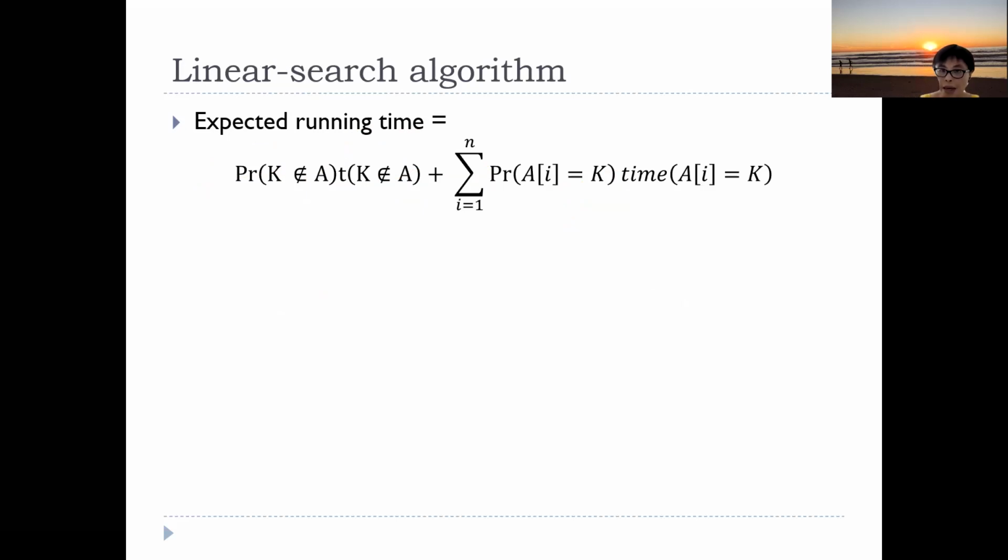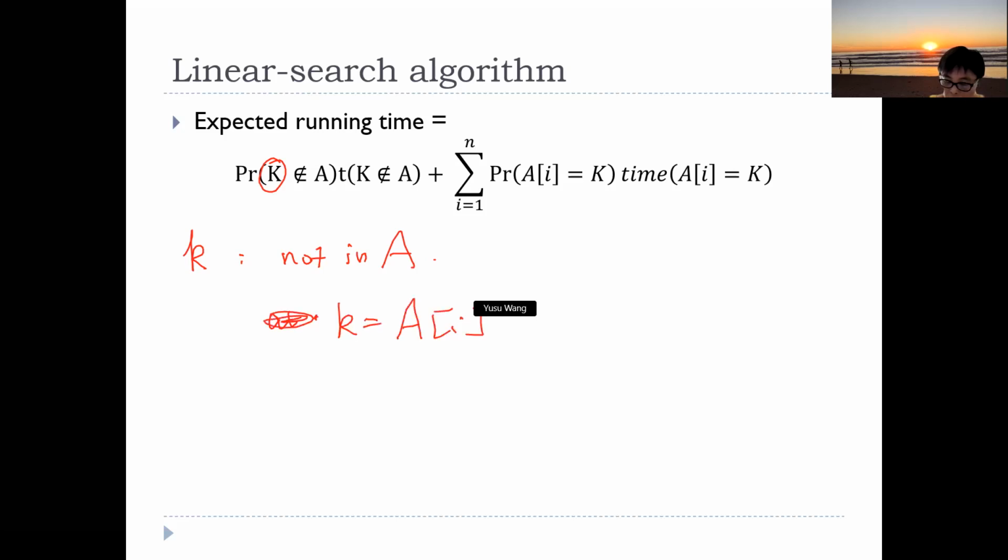The cases are that the key we're looking for is either not in A, or it is at position i, that is, k equals A[i] for some i.